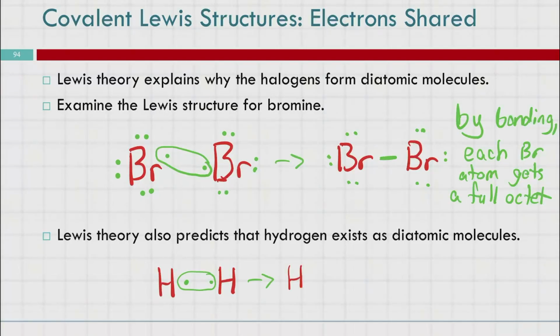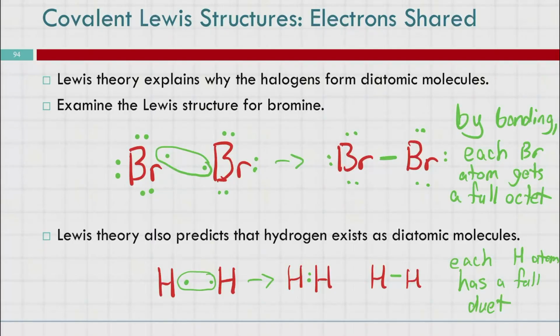So we can represent it with 2 dots in between them, or with a line. So each hydrogen atom now has a full duet. It's got a noble gas configuration, so it's nice and stable.